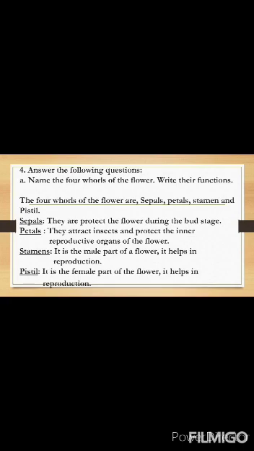Petals. They attract insects and protect the inner reproductive organs of the flower. Stamens. It is the male part of a flower. It helps in reproduction. Pistil. It is the female part of the flower. It helps in reproduction.